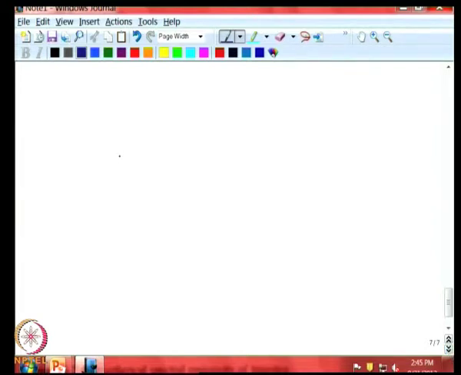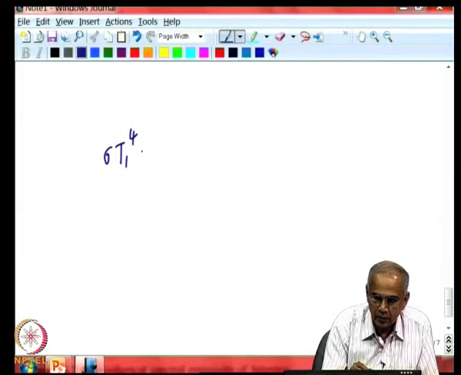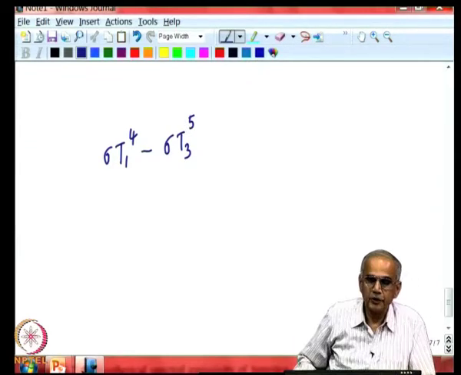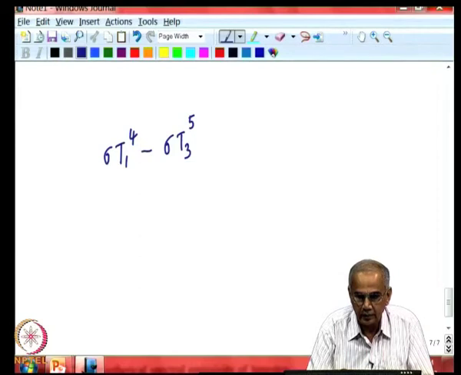We will write the relation for emission from surface 1 is sigma T1 to the power of 4, minus what is emitted by the plate and absorbed by the black plate, which will be nothing but sigma T3 to the power of 5, because the emission from the metal is like T to the power of 5 proportionality.